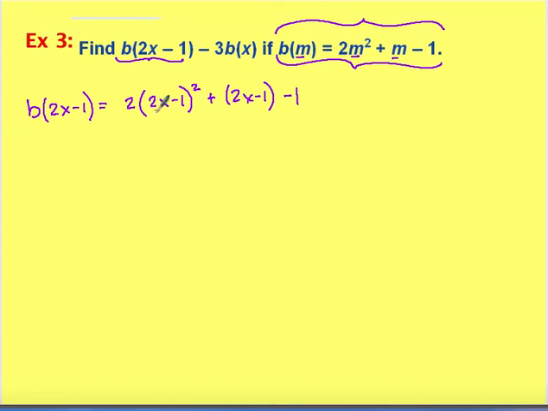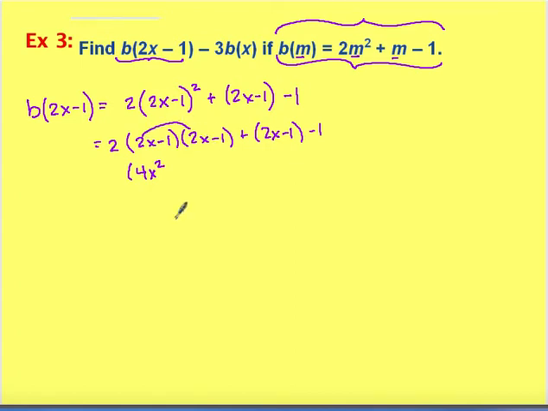Then we'll take that minus 3 times b of x. So you can see here I have a little bit of work to do. I have to square this binomial 2x minus 1, and then I'll multiply by 2. So when I take 2x minus 1 and square it, I have to multiply that by itself. So a little bit of math here. I'll do some foiling. I'll have 4x squared.